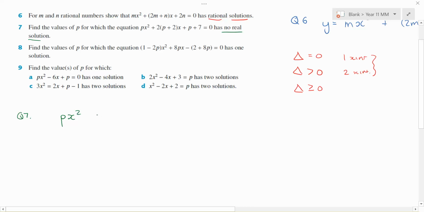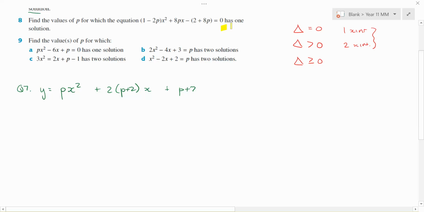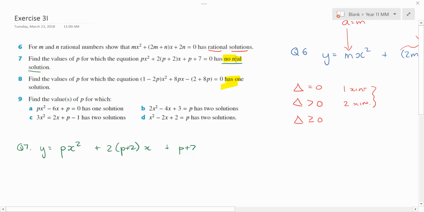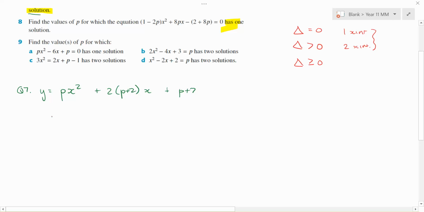So let's look at question 7: p times x squared plus 2 bracket p plus 2 multiplied to x plus p plus 7. Okay, remember this is your quadratic equation, and you want to make sure that you have no real solution, meaning no x-intercepts. The only way to know that you're not going to have any x-intercepts, remember, is when the discriminant is less than 0.